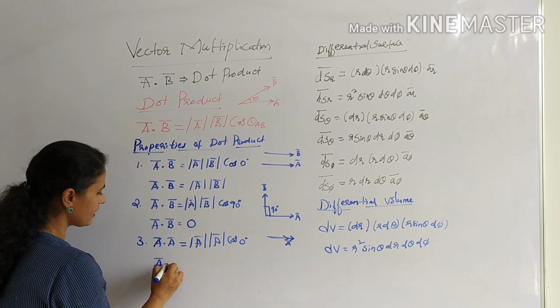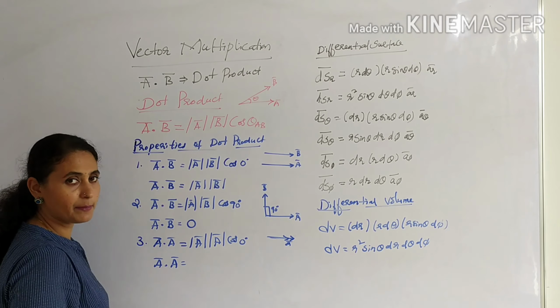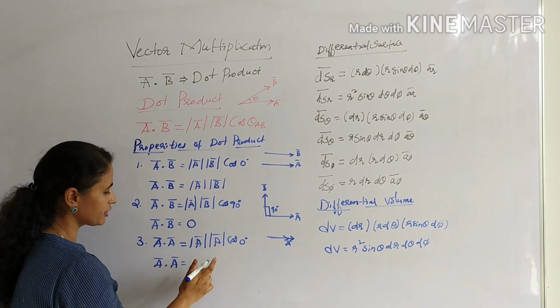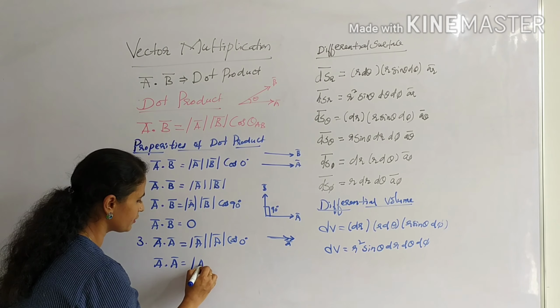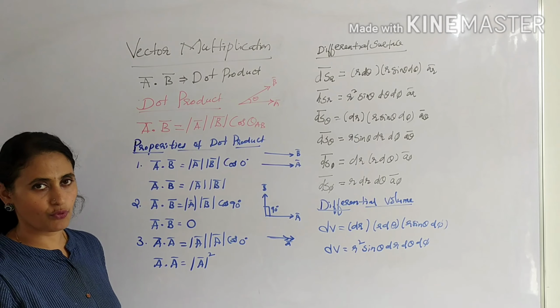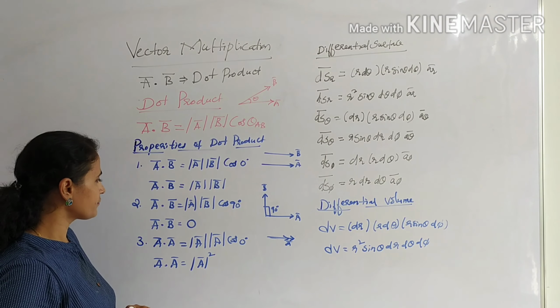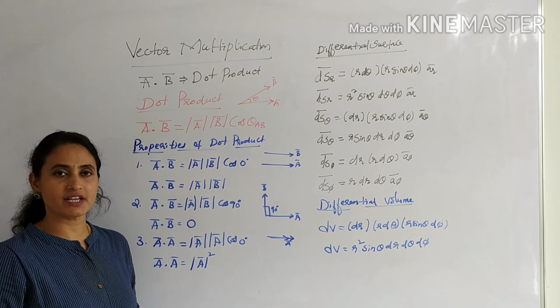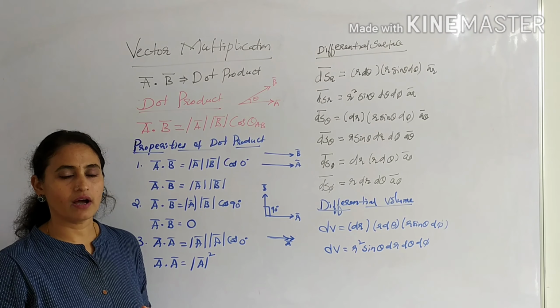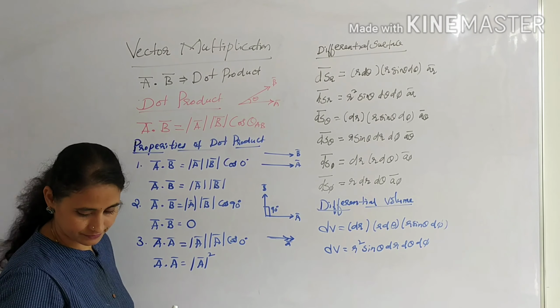So the dot product of a vector with itself is the magnitude squared, as cos 0 is 1. These three are the different properties, and now let us check whether it obeys the commutative law, associative law or distributive law.